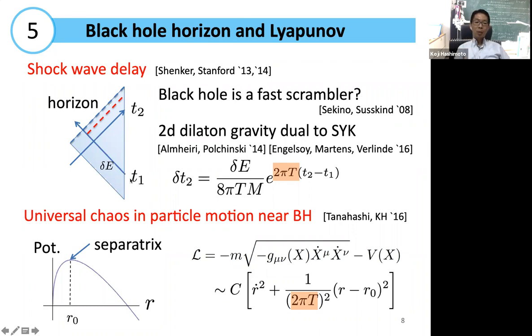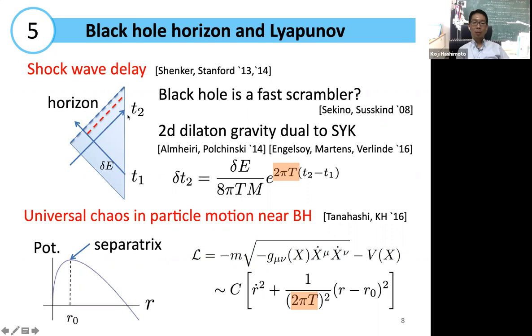Depending on whether you put in this energy or not, the time t2 at which the particle reaches the boundary may differ. The difference depends on what kind of energy you put in, and also the horizon behavior. And in fact, it is very easy to compute this delta T2, whether you actually put in energy or not.